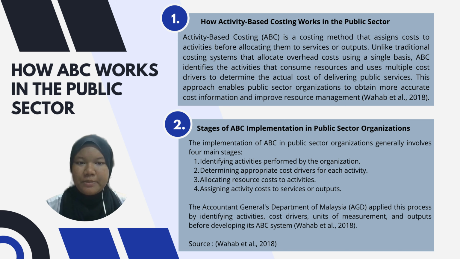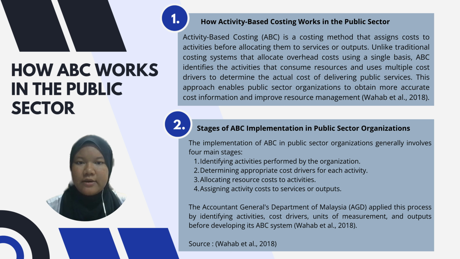Next, the implementation of ABC usually involves four major stages. The first stage would be identifying activities performed by the organization. Examples include preparing reports, conducting audits, and providing advisory services. The second stage is determining appropriate cost drivers.